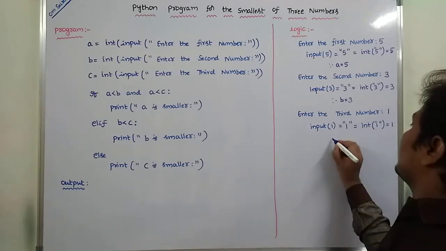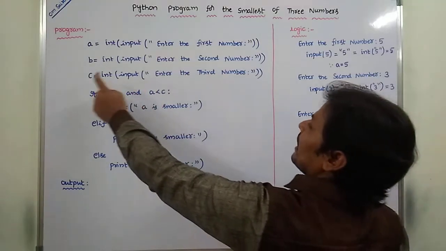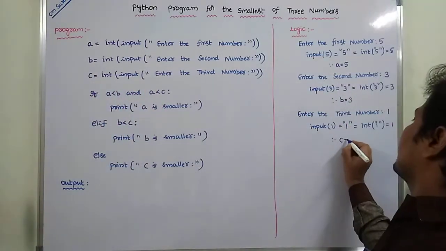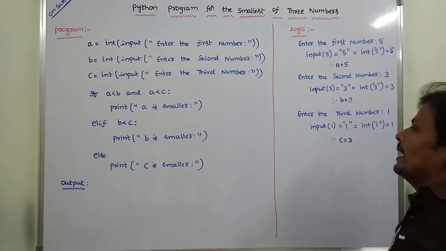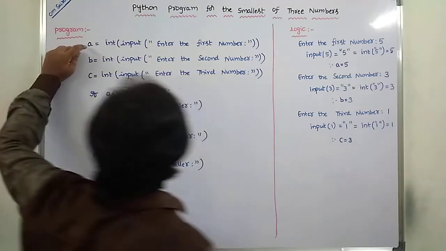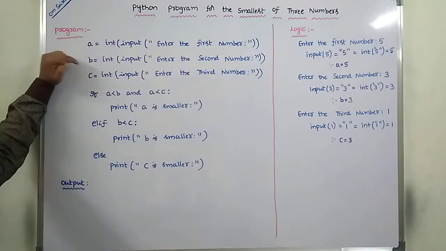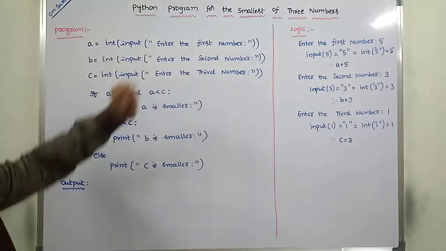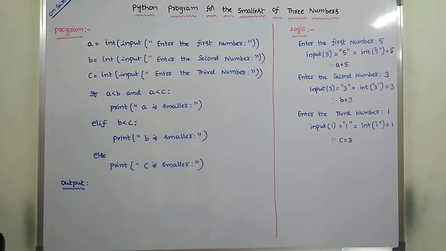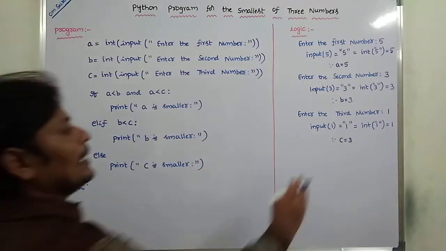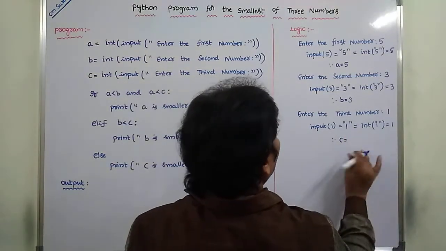This integer 1 is assigned to the variable c. So after entering the values, a is equal to 5, b is equal to 3 and c is equal to 1.